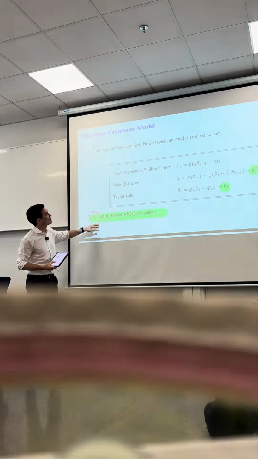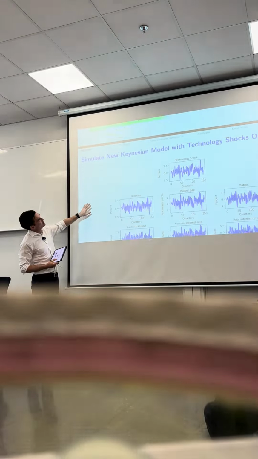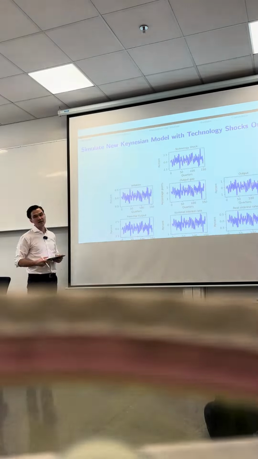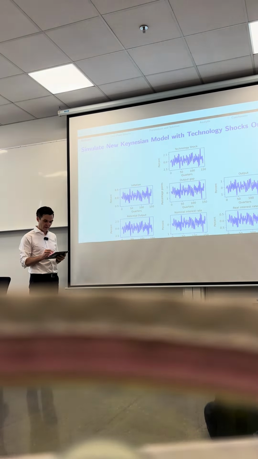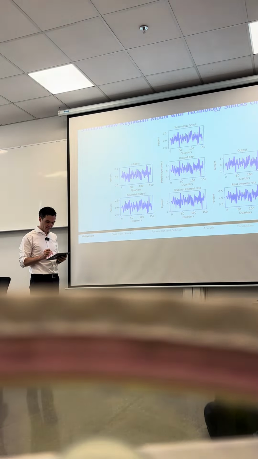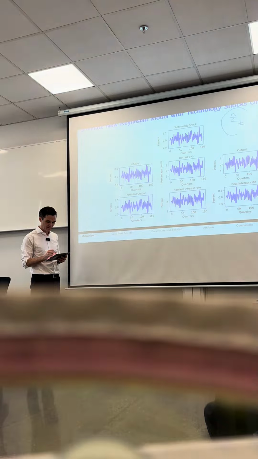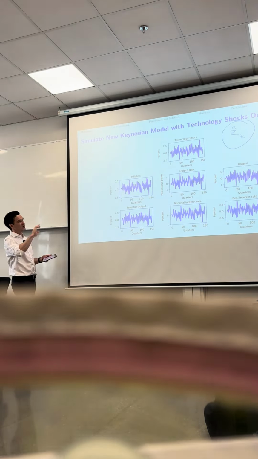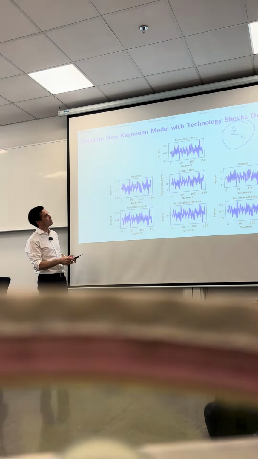Let me show you how that looks. This is a long simulation with technology shocks only. This is the Z_t technology shock. I'm simulating this for 10,000 periods, but I'm displaying only 150 quarters here.